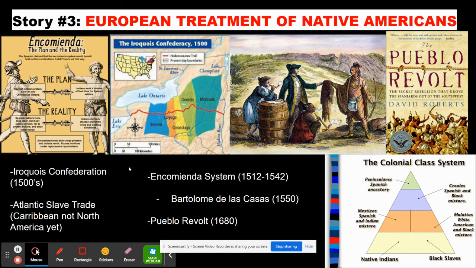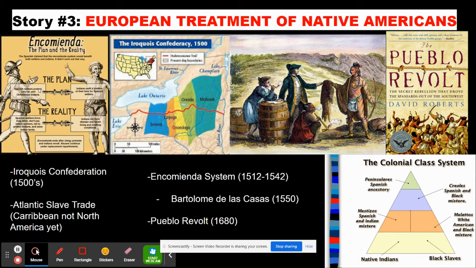But the most significant relationship would be the Spanish. So specifically, Spanish conquistadors or conquerors came over to the New World, primarily looking for items like gold and silver to bring back to Europe. And in order to find those materials, they implemented what is known as the Encomienda System. If you take a look at this graphic, the intent of the Encomienda System was that Spanish soldiers would protect, care for, and Christianize natives.